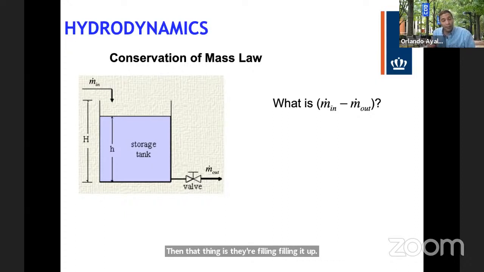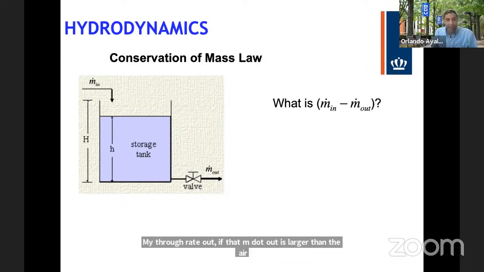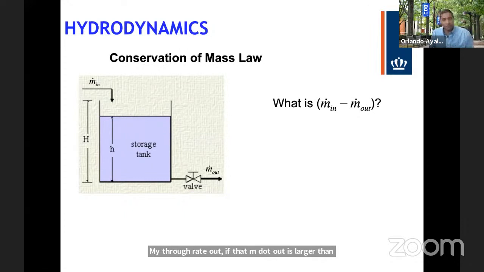On the other hand, if I'm pulling water out, if that m dot out is larger than the m dot in, then the tank will start getting emptied. Think about that. If I open the valve like crazy and let the fluid leave, and I'm pouring less water, then it starts to empty.